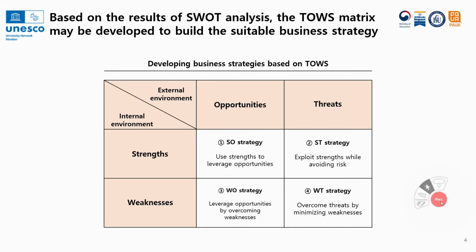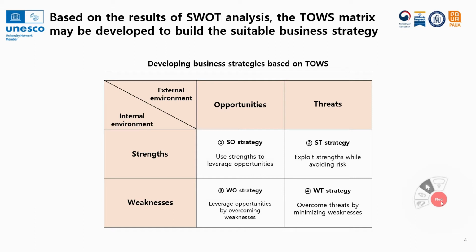Okay, let's move on to the third strategy, the WO strategy. In WO strategy, we try to leverage our external opportunities, but instead of using our strengths, we overcome our weaknesses.